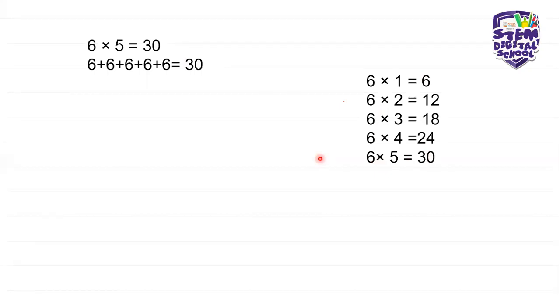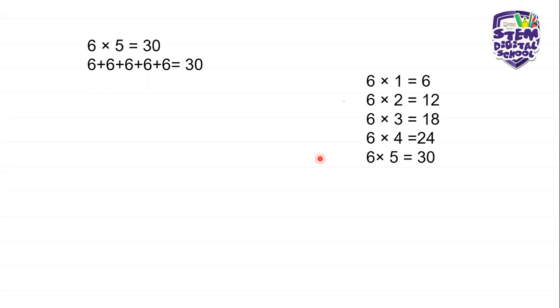So using the addition method is also counting on. You start at 6. Say 6, 12, 18, 24, and 30. It is also important to note that each time you go more, you're getting a multiple of the number.